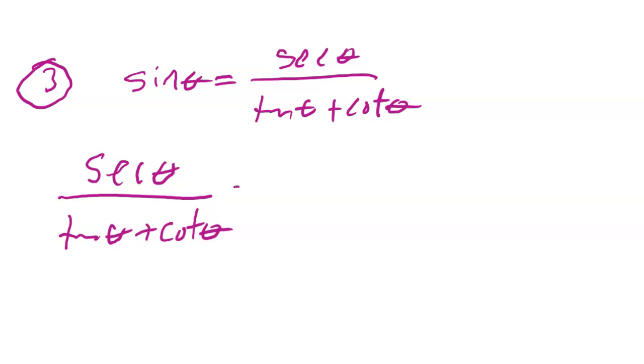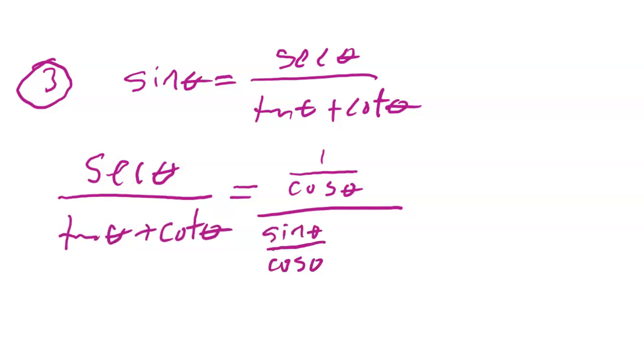Okay, so I can rewrite this using reciprocal functions as 1 over cosine of theta, all divided by sine theta divided by cosine of theta plus cosine of theta divided by sine of theta. This almost goes back to our rational function unit. I want to eliminate fractions.